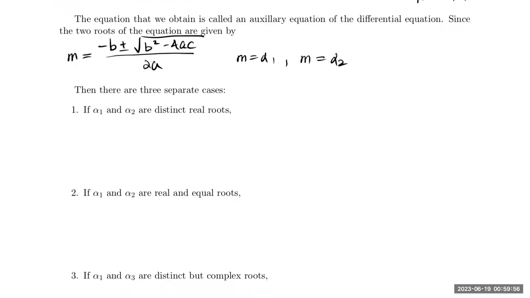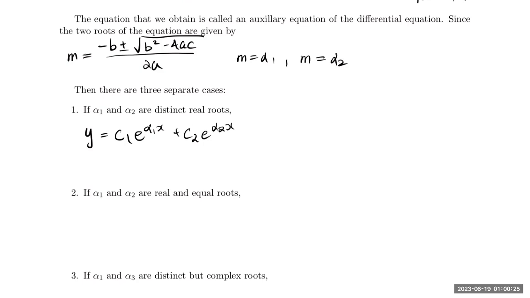So that means the solution of the differential equation is given by these two roots. So we would have C1 e to the alpha 1 x plus C2 e to the alpha 2 x. That's your solution to the differential equation if they're going to be distinct real roots.